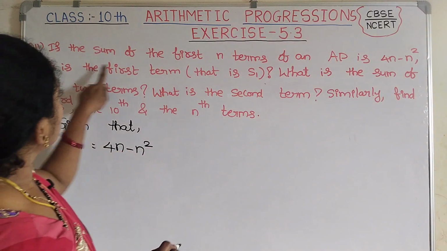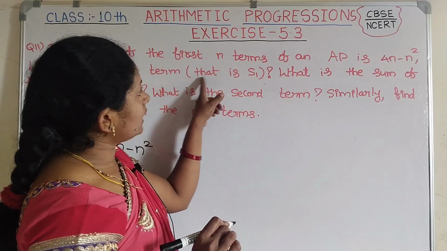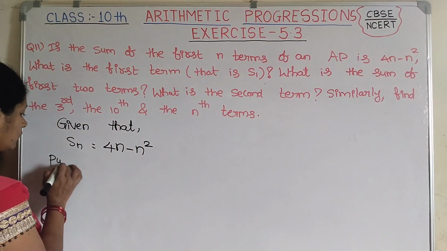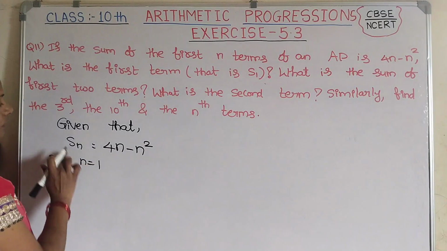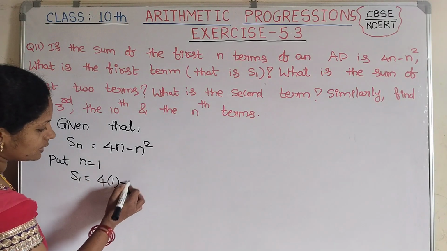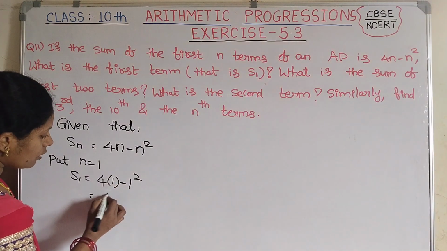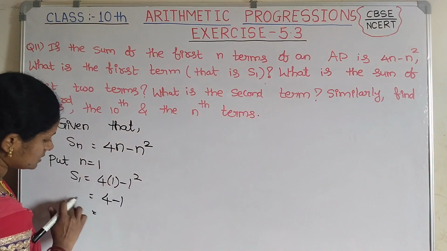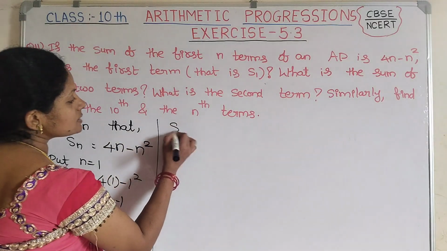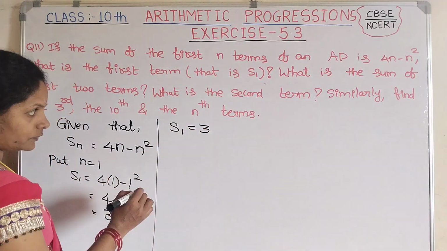What is the first term? That is S1. Here if we put n is equals to 1, then what we will get? S1 is equal to 4 into 1 minus 1 square. This is 4 minus 1, it is 3. We got S1 as 3.